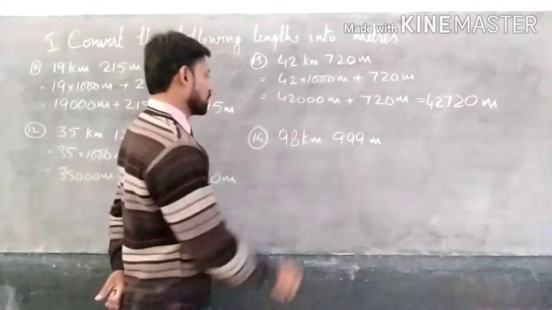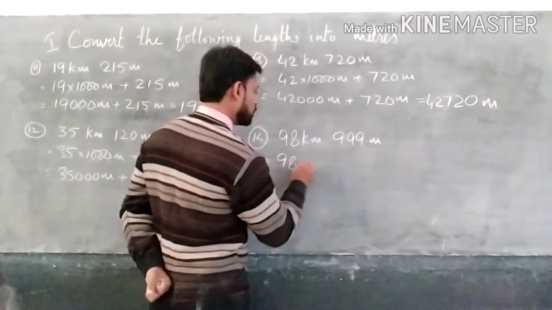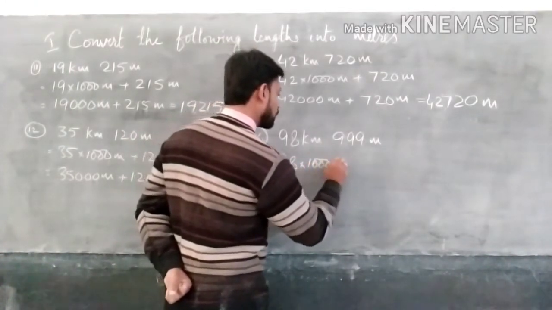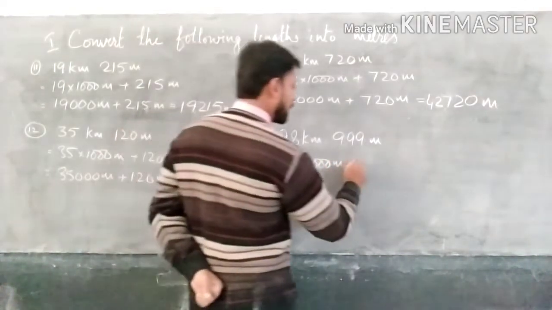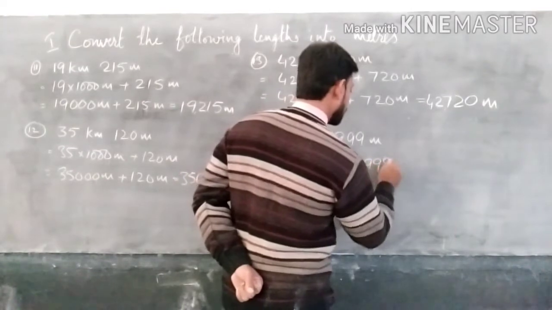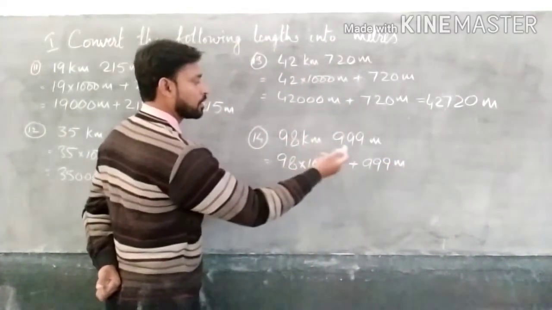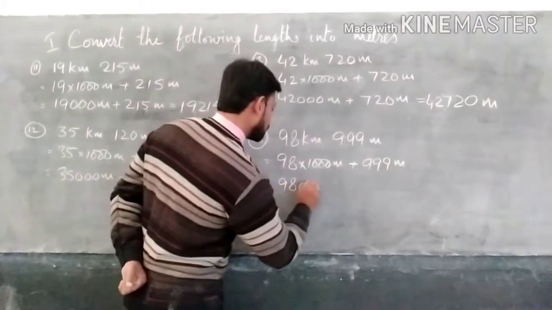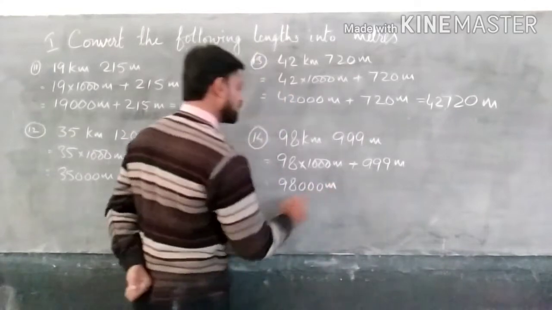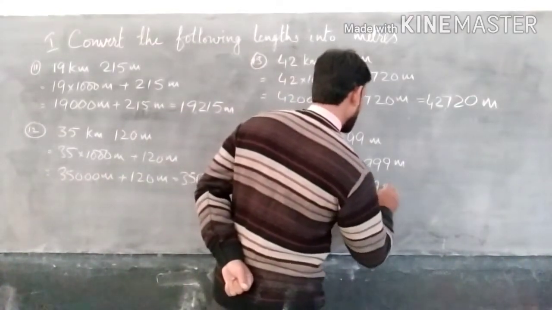42,720 meters. Now here 98 into 1000 meters. First we have to convert this kilometer into meters, and then you can add 999 meters. So 98,000 meters plus 999 meters.